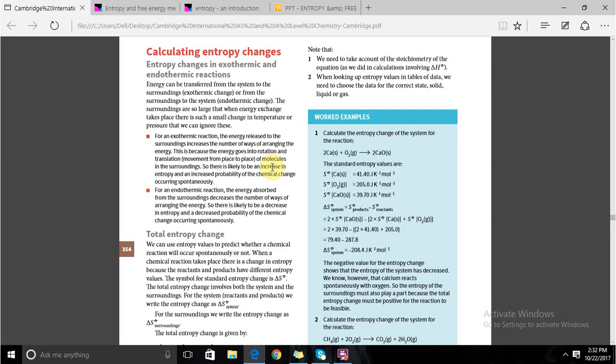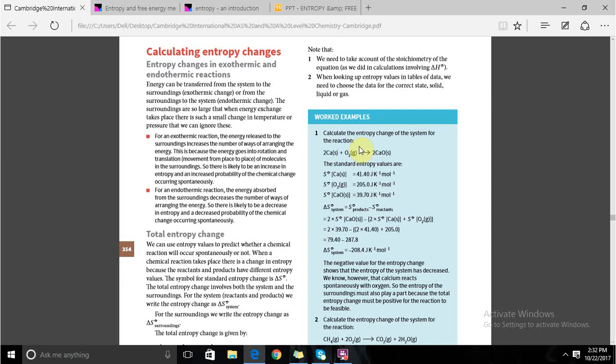This is why exothermic and endothermic reactions have a link with the entropy topic. So total entropy is basically the entropy of the system plus the entropy of the surroundings, and it is the value of the total entropy which determines whether a reaction is feasible or not.